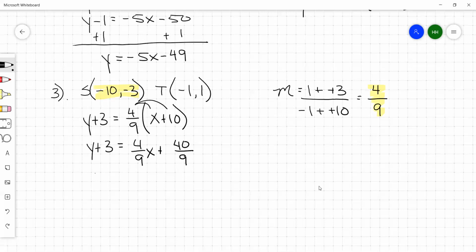And now you got to subtract 3 from each side. So to get this thing in slope-intercept form, we get y equals 4/9 x. And if we go 40 over 9 minus 3 equals, we get 13/9. So plus 13/9. That looks like answer D.